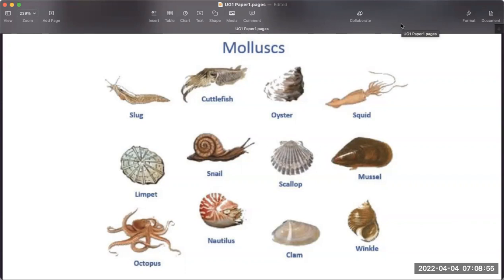Now we will see general characteristics of phylum Mollusca. They are essentially aquatic, mostly marine. Few are freshwater and some are terrestrial.